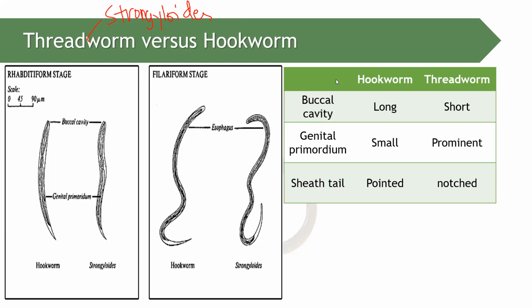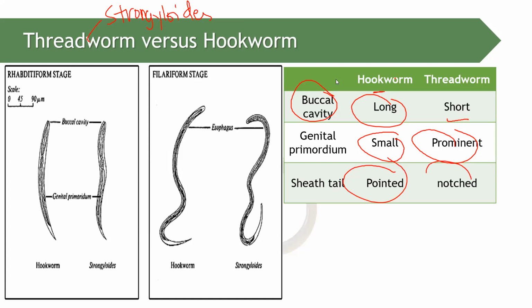Okay? So how are we going to differentiate that? In terms of buccal cavity, hookworm has a long buccal cavity compared to threadworm. In terms of genital primordium, it is small in hookworm, prominent in threadworm. Tail: pointed in hookworm, not in threadworm. That's why it's alpha notched, like it's split. Okay? That is the tail of threadworm.